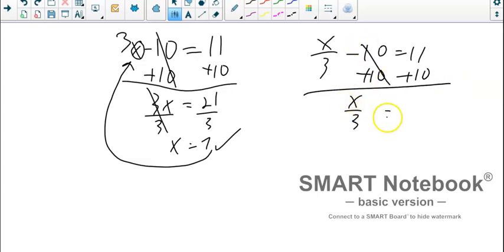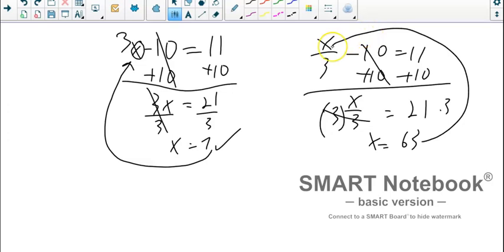But this time, I'm left with x over 3 equals 21, which means I need to multiply to undo the division. X equals 63, which if I plug that back in, divide 63 by 3, get 21, subtract 10, boom, I've got 11, and I'm good to go.